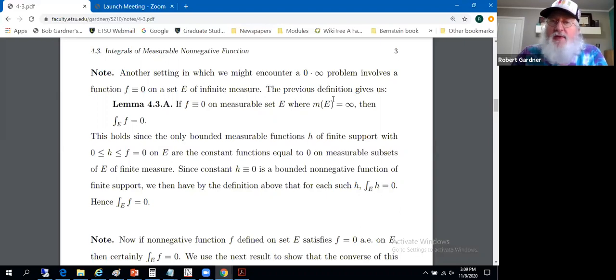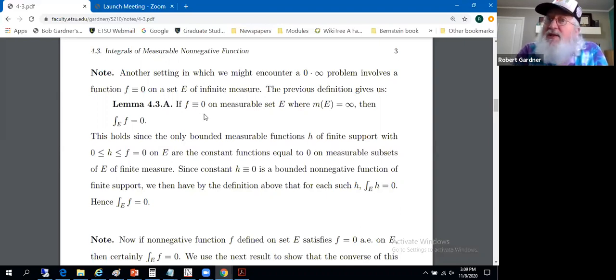This definition given above on the previous page will give us that if f is 0 on a measurable set E with infinite measure, then the integral is 0. It'll come out of the very definition of what we have. This is definitely a function of finite support.